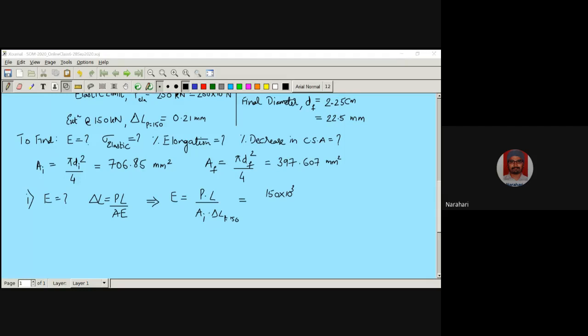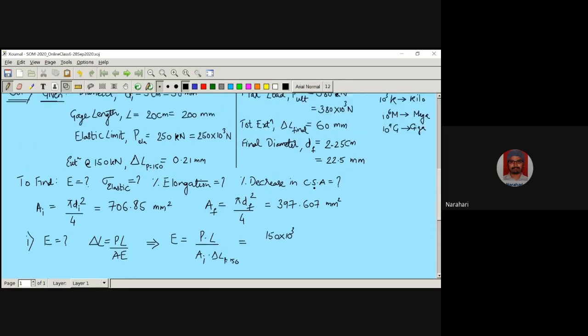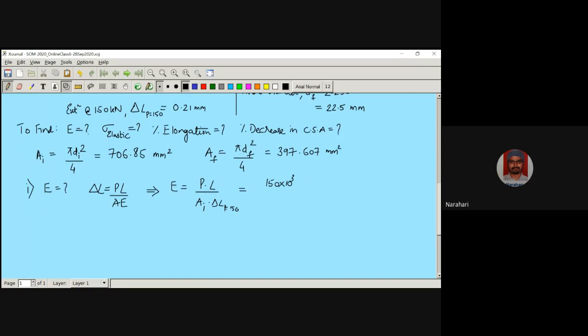I am removing that kilo and putting 10 to the power 3, even though nowhere in the given data I have mentioned it, but here I am going to internally make use of that. Into gauge length only I should use. What is the gauge length? 200 millimeters divided by A.